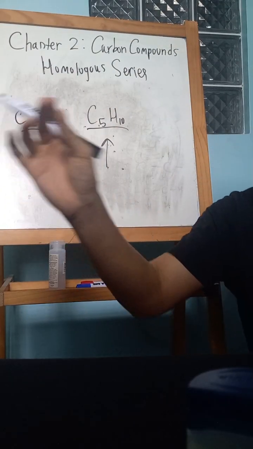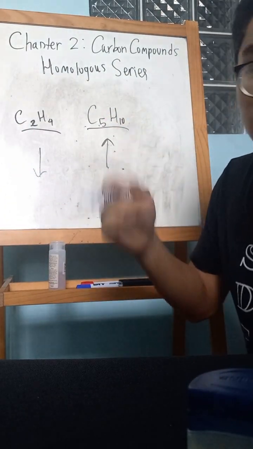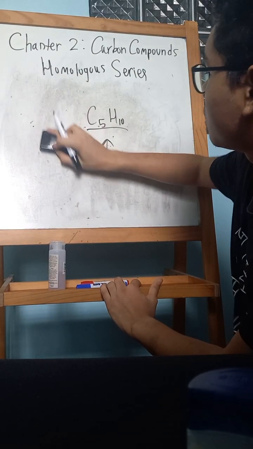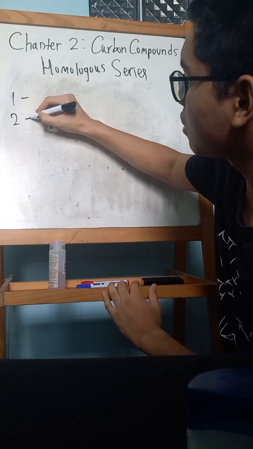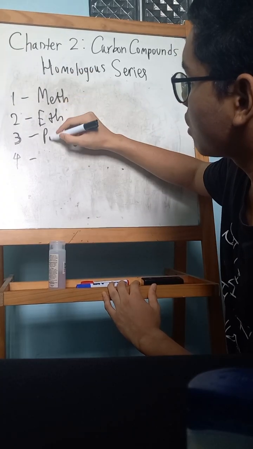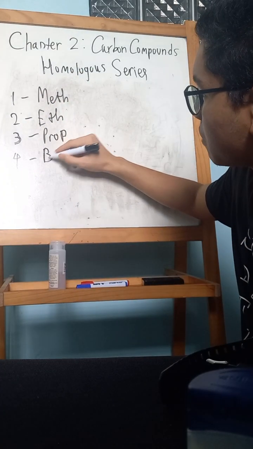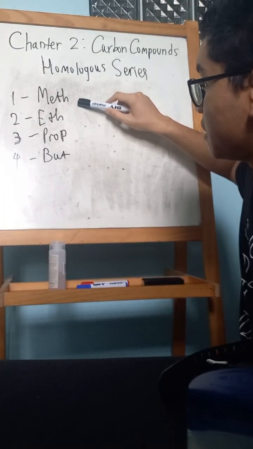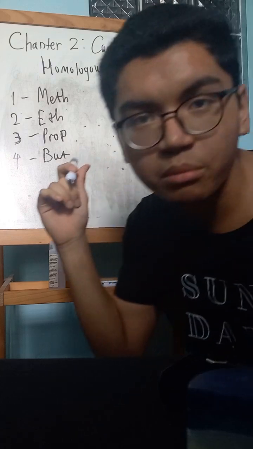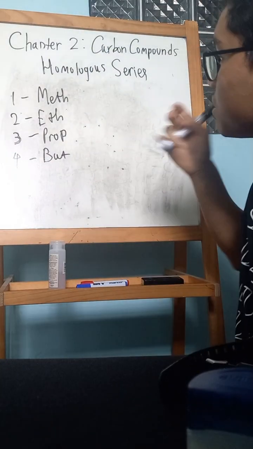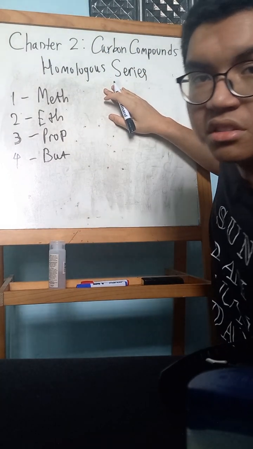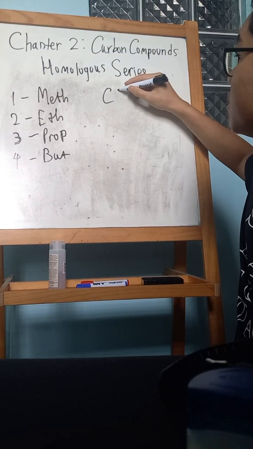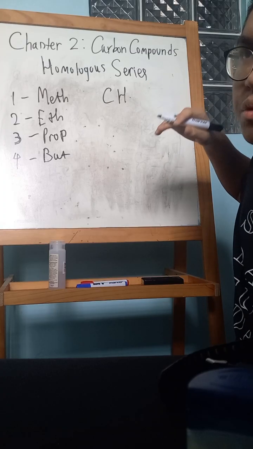Okay. The last part I'll cover is how to name the compound. This is the important information, basically. The number is only in terms of carbon atoms. So if the homologous series has one carbon atom, for example, methane, 2 times 1 plus 2.